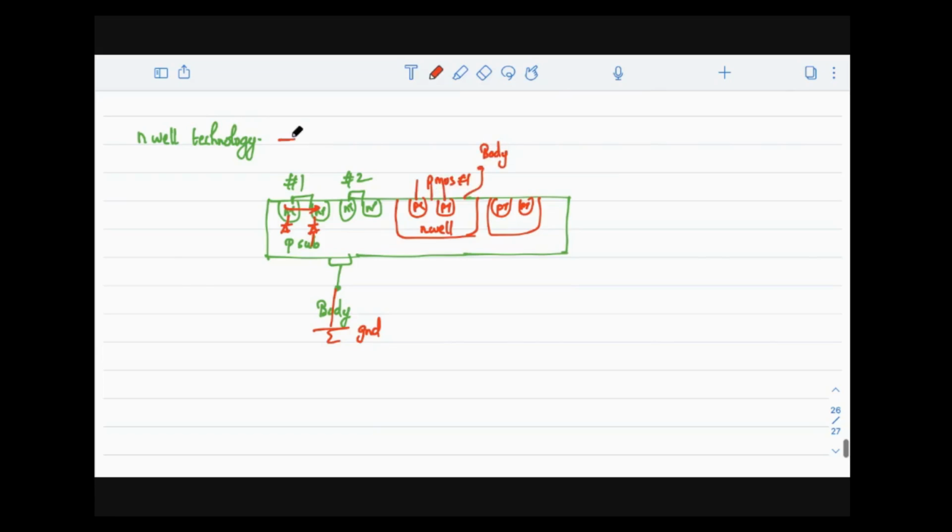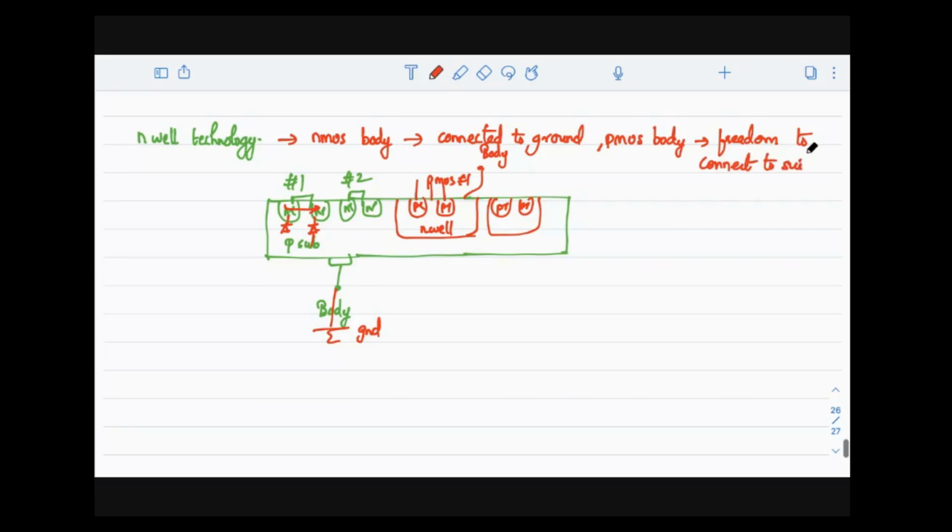So in the case of N-well technology, the NMOS body will always be connected to ground, but for the PMOS body, we have the freedom to connect to a suitable potential. So this we should know in the case of N-well.